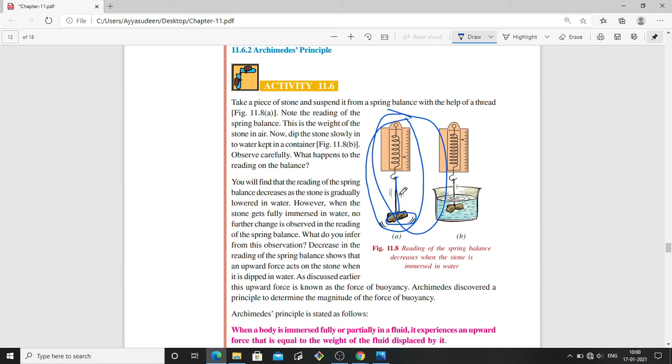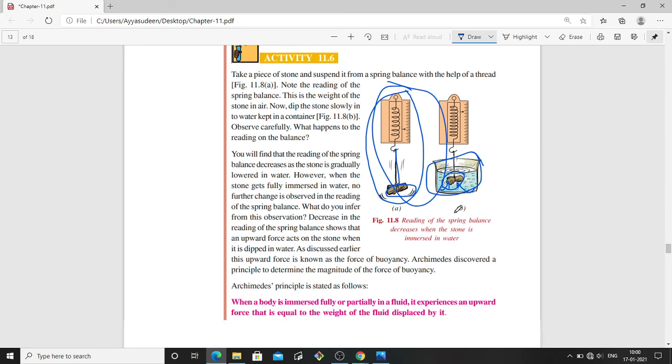But with the same spring, same stone, and the same length of thread, if you keep it inside the water, you will see that the spring did not stretch much, because of the buoyancy in the water that pushes the stone a little upwards. So this is buoyancy.